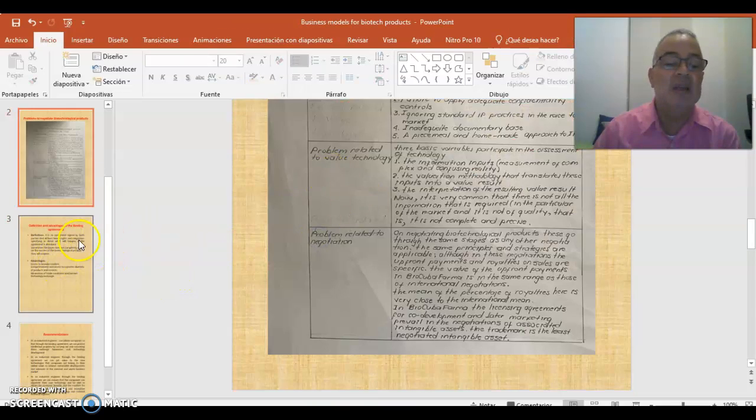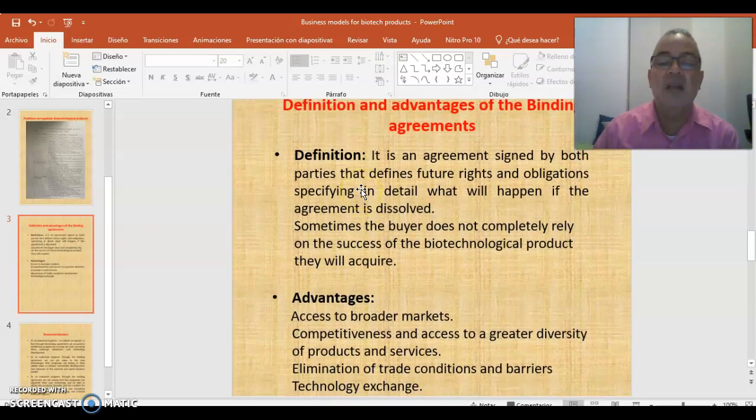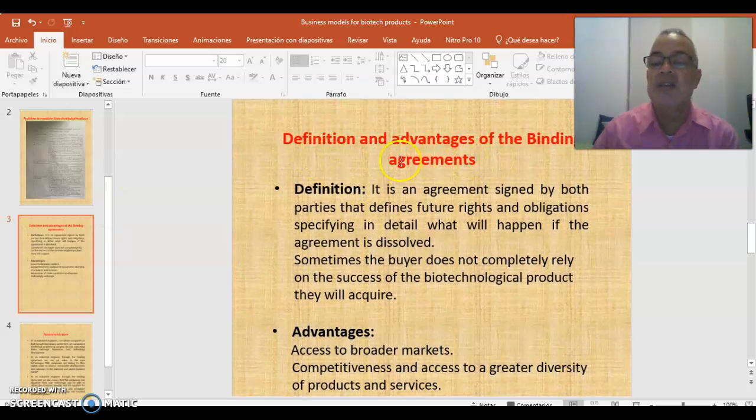Now we'll explain the definition and advantages of binding agreements. Definition: it is an agreement signed by both parties that defines future rights and obligations, specifying in detail what will happen if the agreement is broken.